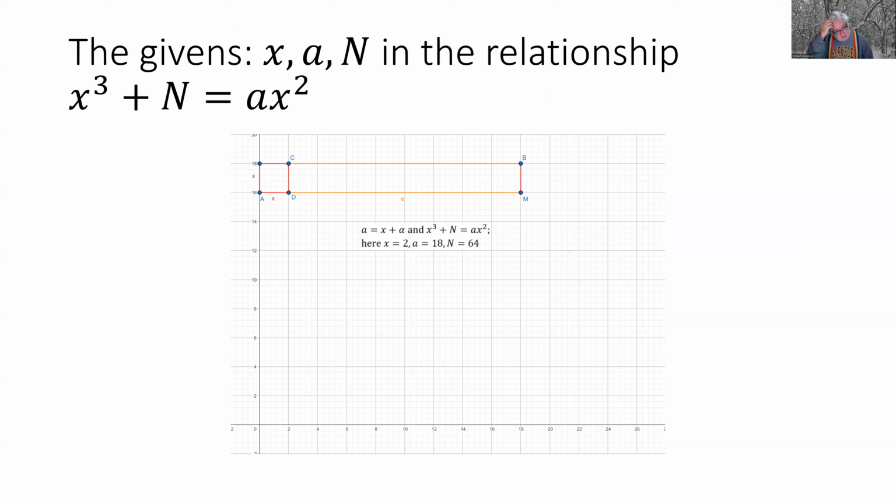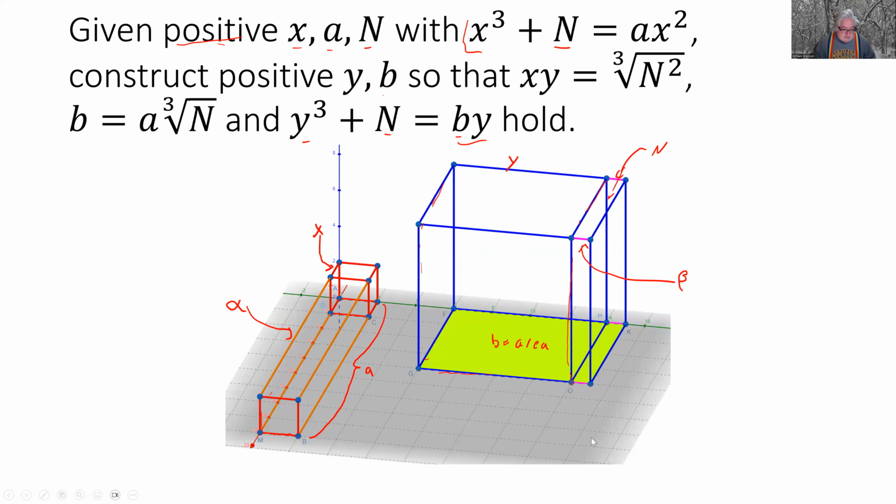So Cardano actually draws these things in a plane. So this is our x's and alphas. There's an assumed height here of x. So this volume here has a base plan, which is a square of x and this long rectangle.